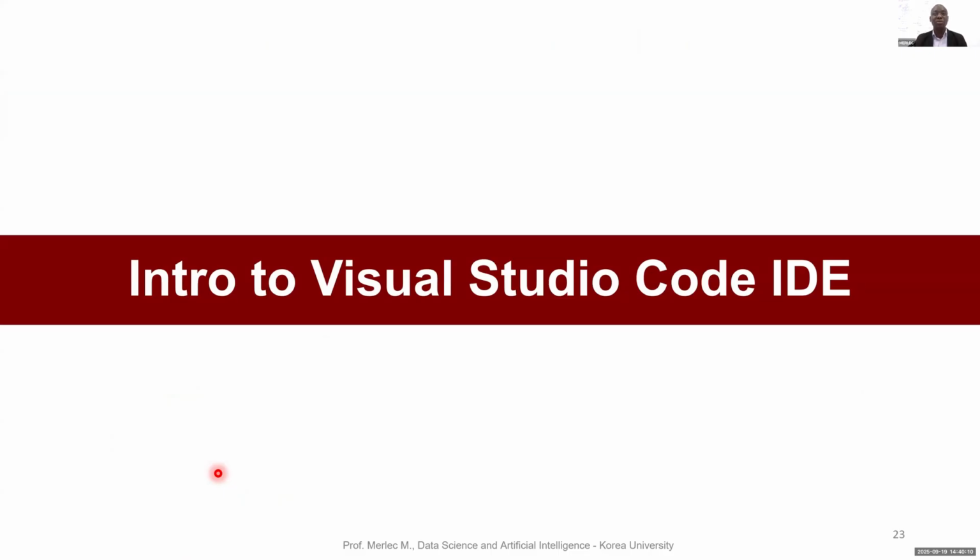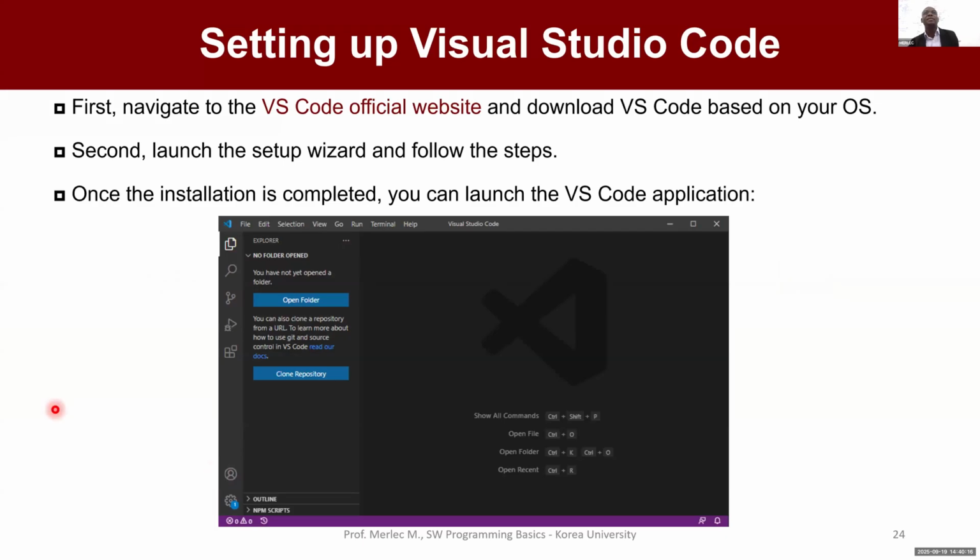I'm going to introduce you quickly to Visual Studio Code, which we are going to use in this class. The interface is like this. This is an IDE, an integrated development environment, developed by the Microsoft development team. You can download it.